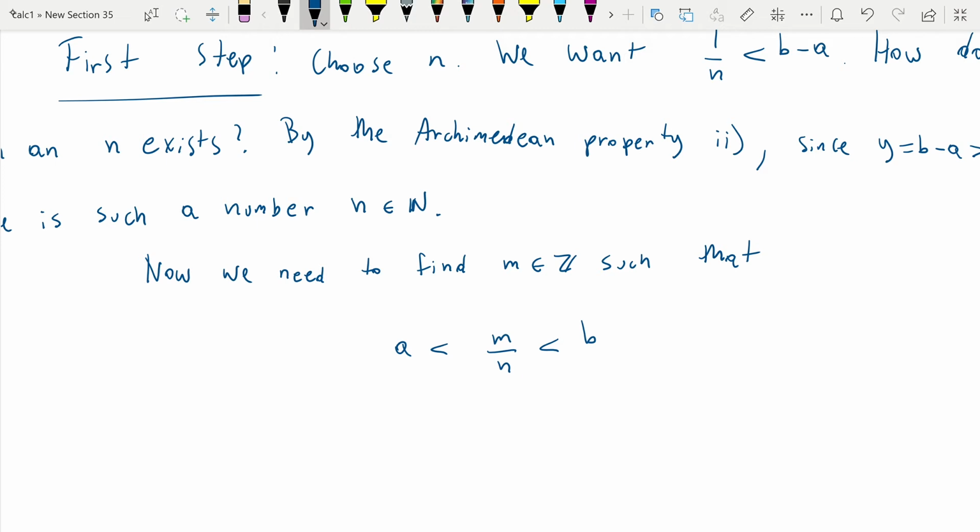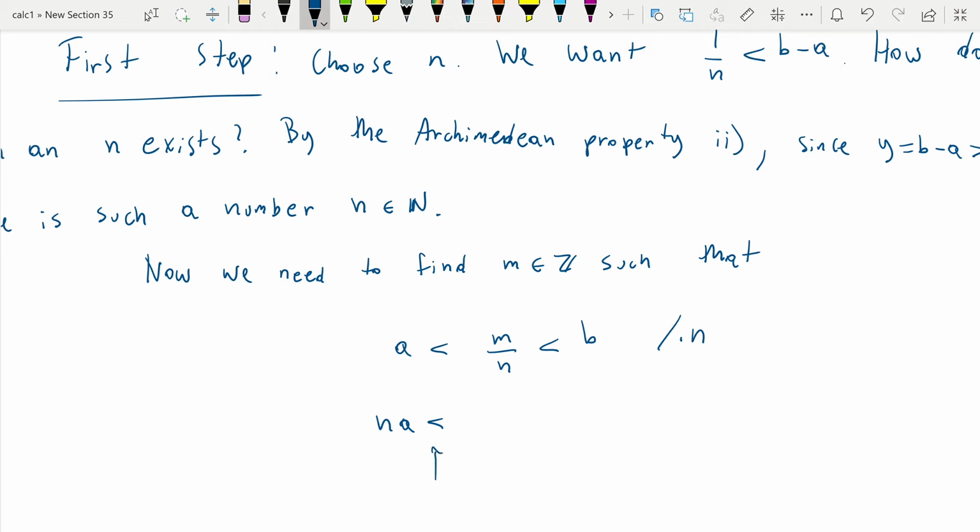So we will multiply this thing on all sides by n. Remember, n is positive, so we're not going to reverse the order of these inequalities. If a is less than m over n, then multiplying by n is not going to change the sign.